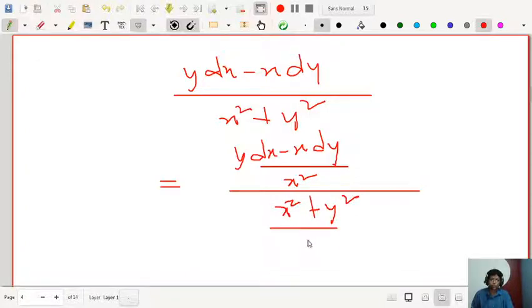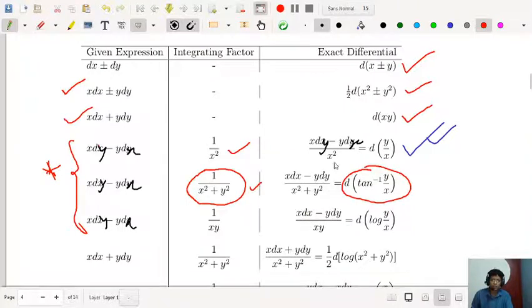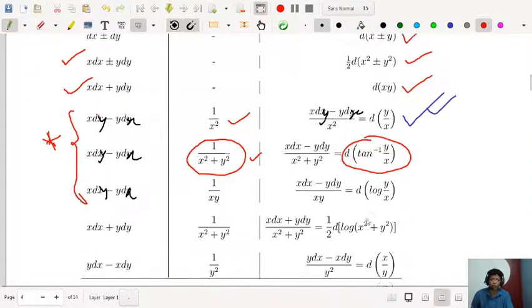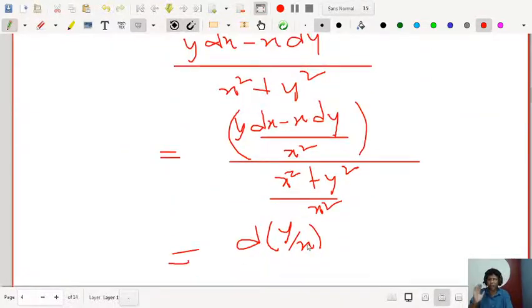So you are dividing the numerator and denominator by x square, or multiplying them by 1 by x square. After that your numerator will be d of y by x, which you have learned in the previous step, and you have to use that. Once you observe that in the equation, you have to visualize that expression.